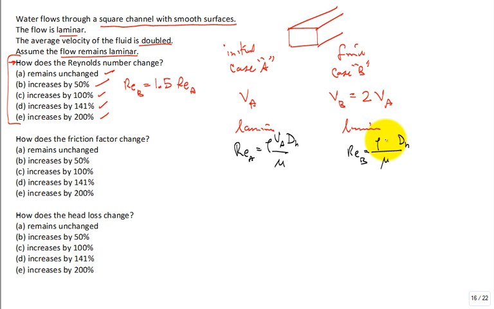No, what really changed was the velocity at B is now greater than the velocity at A. So if I replace V sub B as 2 times V sub A, then I get that it's 2 times the Reynolds number at A. True? So I look over here, and I know it's tricky, but isn't that an increase by 100%? Is that true or not true?